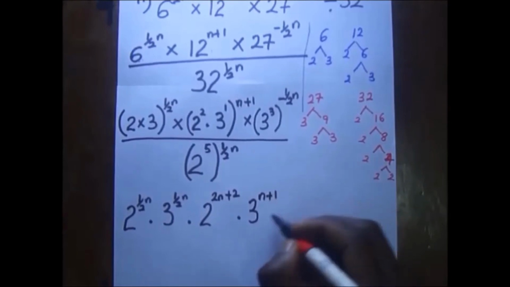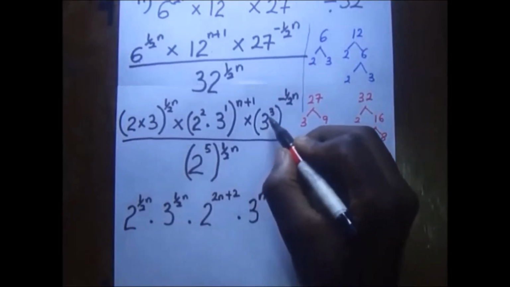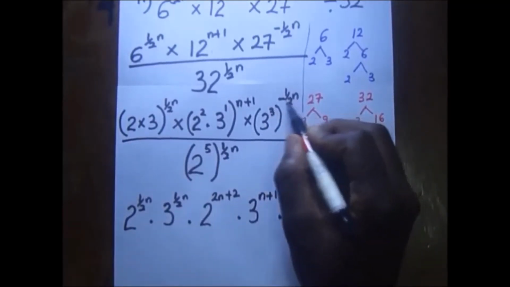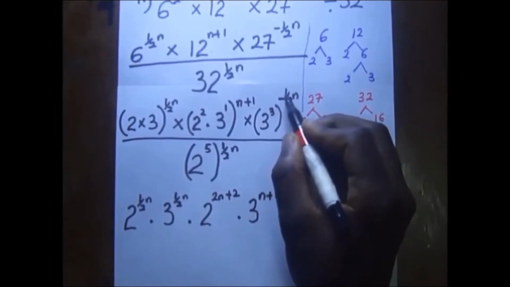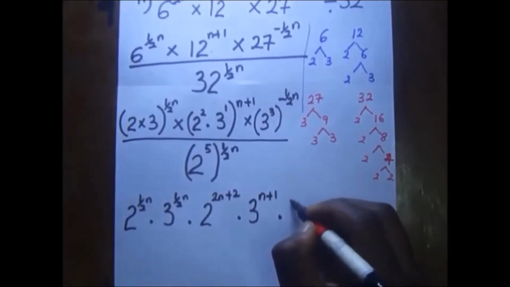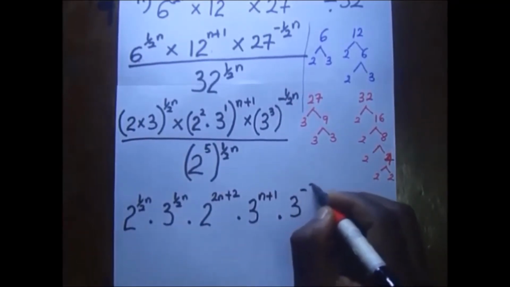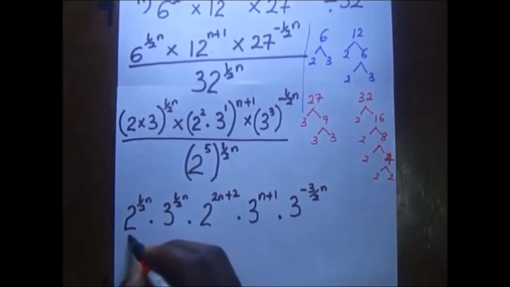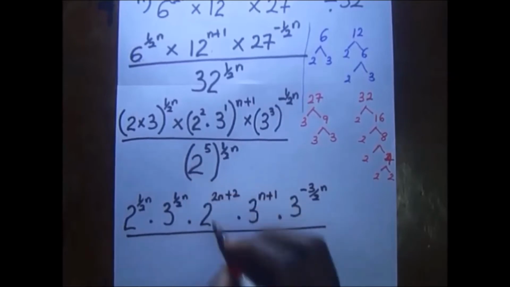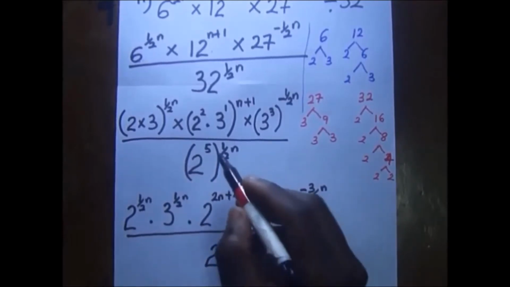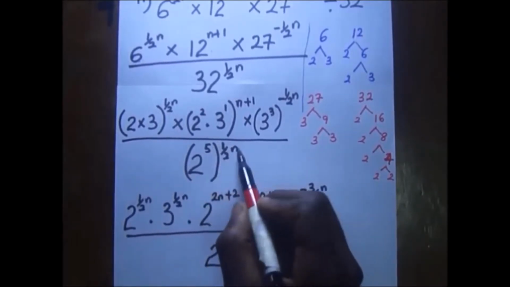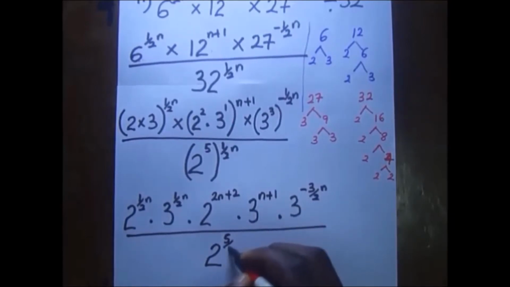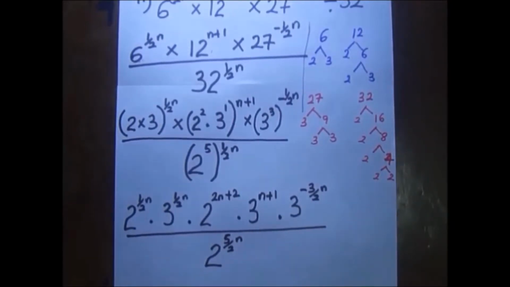Times 3 to the power 3 times negative half n, which becomes 3 to the power negative 3 over 2n. Divide all that by 2 to the power 5 times half n, that is 5 over 2n.